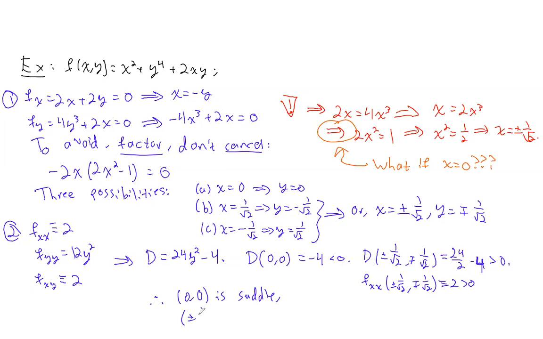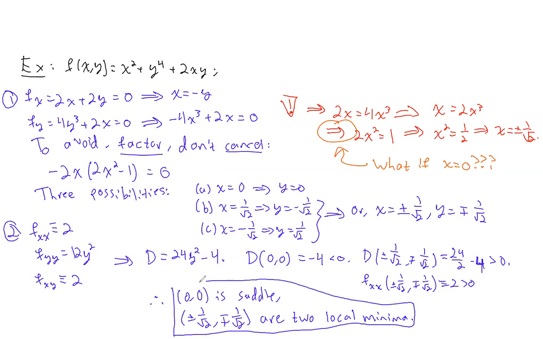And plus or minus 1 over root 2, minus plus 1 over root 2, these 2 points are two different local minima. So there's our solution.